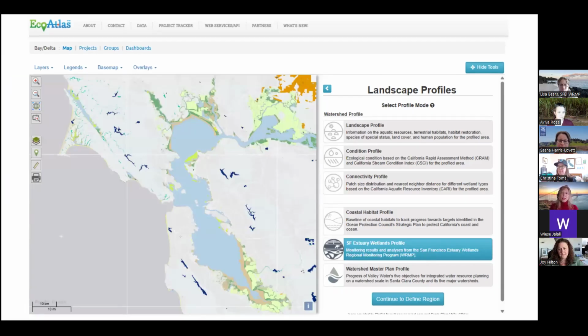And the WRMP profile is an example of a customized summary that shares monitoring results and analyses for the WRMP. And before we go into details on the profile, Christina Toms is going to share a case study on using some of these profiles, and then Lisa Beers will provide that scientific framework behind the visualizations.